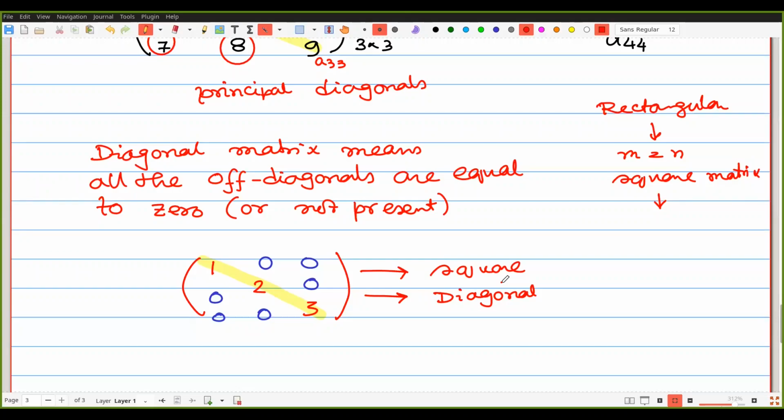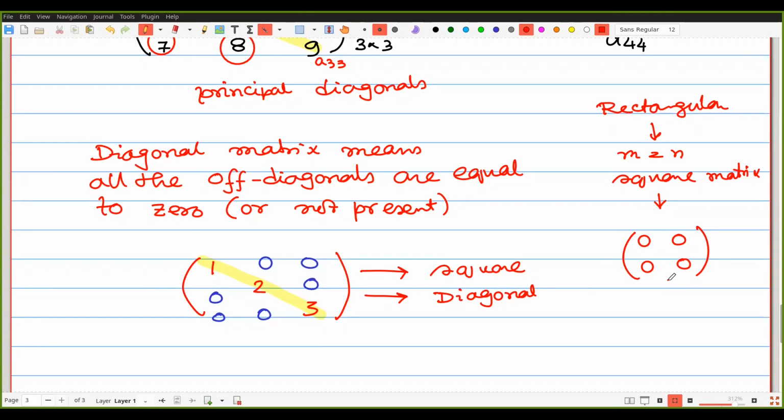Next, a question can arise. If all the elements are 0, suppose that is a square matrix. If the diagonals are also 0, can we say it is a diagonal matrix? No. Because a diagonal matrix is used for calculation where we have some values on the diagonals.